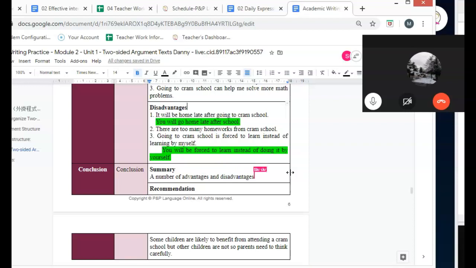Is it an advantage or disadvantage? Advantage. So it means if you say advantage, you like to go to cram school. You like it there, right? Am I right? Yes. So your answer is yes. It's good to go to cram school. Is it?